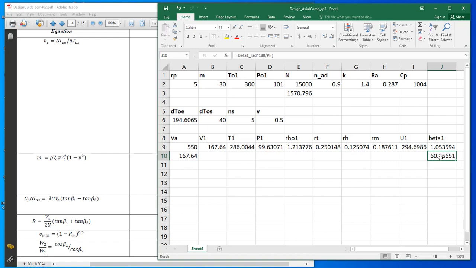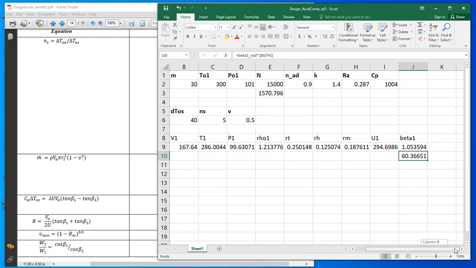And now we can calculate our beta 2. Let's do it in the same line, although as I said, if you wish to go to a separate line, you can do that. It may even be a better idea to do it in a separate line, but this is totally up to you how you program it.